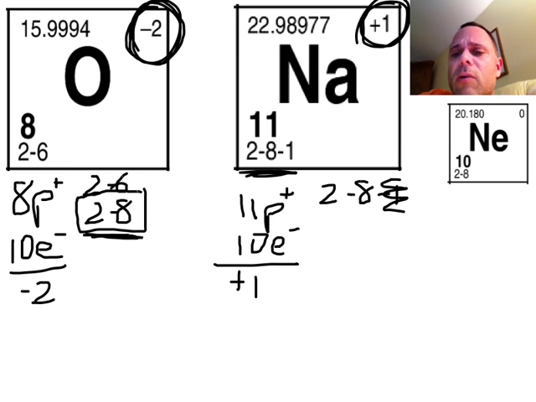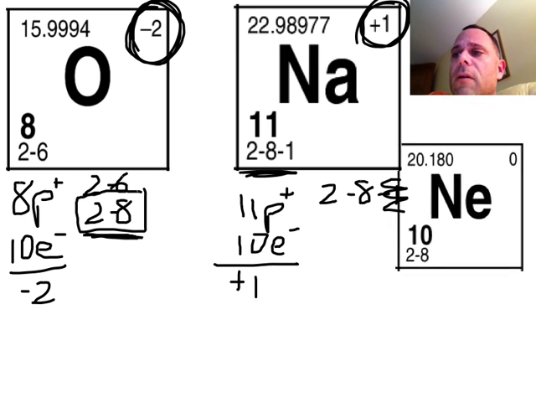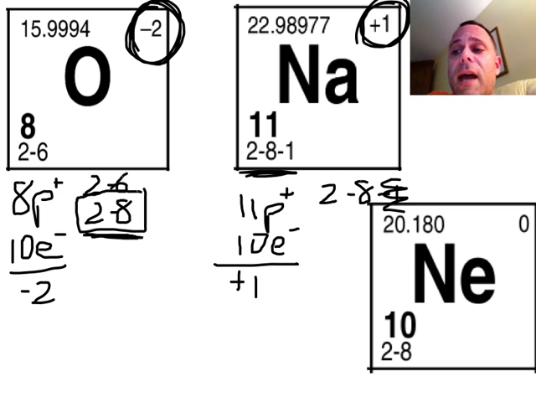But now let's take a look at this. There is an element that already has a stable outermost shell, a stable octet. And I'm trying to grab a red pen. There it is, 2-8.